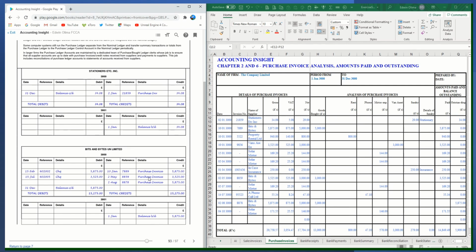Now, accounting software can present your suppliers' accounts in this format, and sometimes they have different formats, and I'll show you different formats of presenting accounts in chapter 10 when I talk a bit more about the double entry system of accounting.